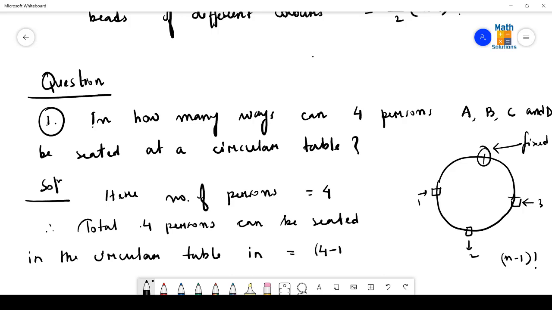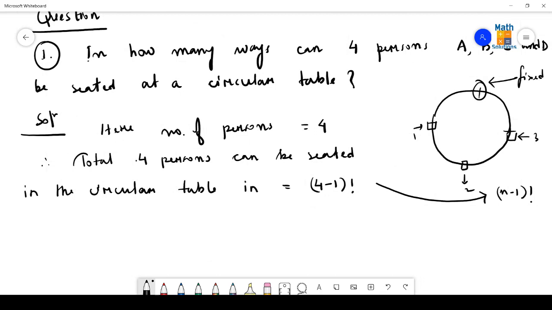Of course 4 minus 1 factorial ways. Using this formula, we get 3 factorial, that means 3 into 2 into 1. So 6 ways of arrangement will be there.